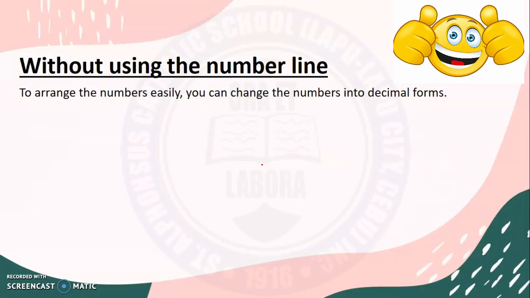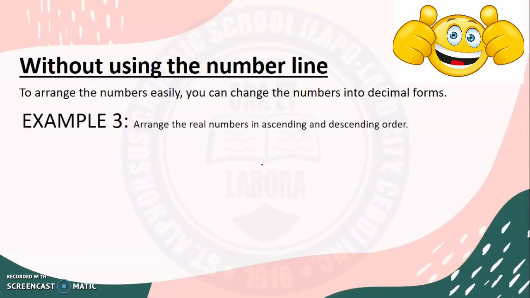So that means we need to change the given numbers to decimal forms. Example number 3. Arrange the real numbers in ascending and descending order. We have 3.9, square root of 9, and negative 0.3.